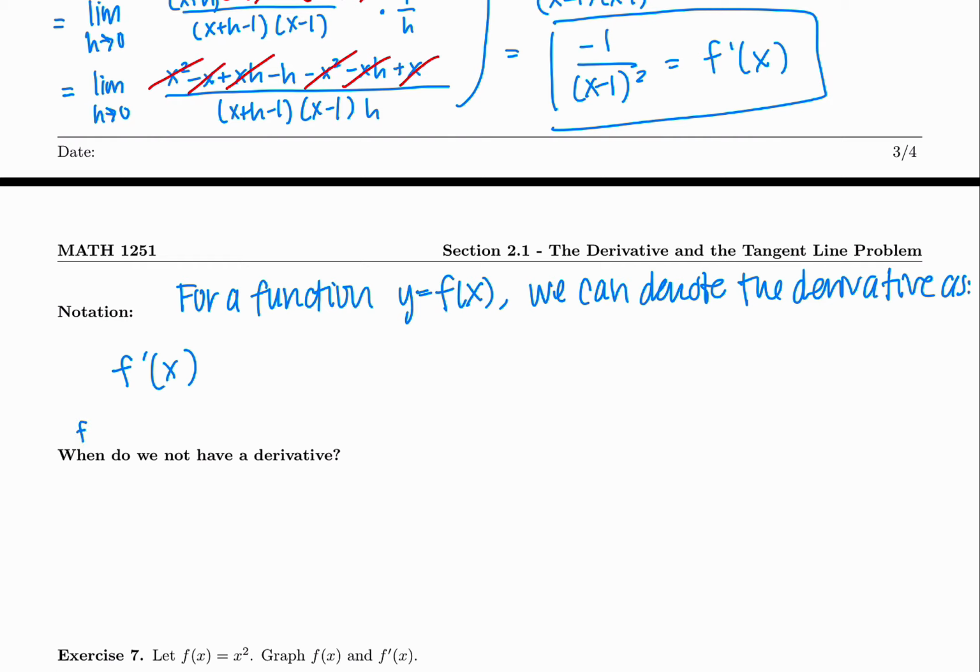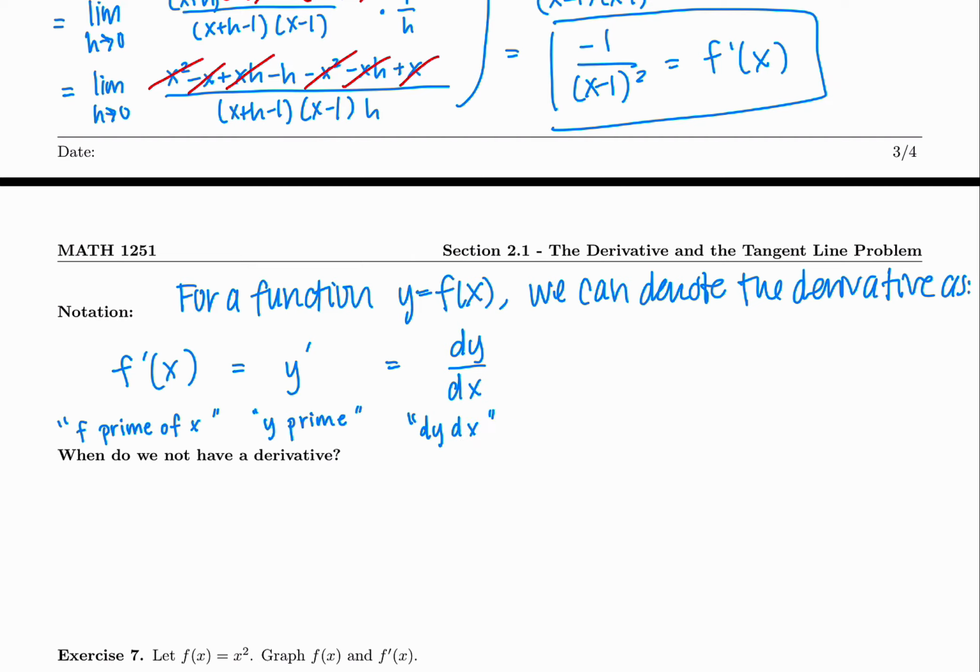So we say f prime of x. And then we can also say just y prime. That's another pretty common one. We can also call this dy dx. So you're just going to say dy dx.